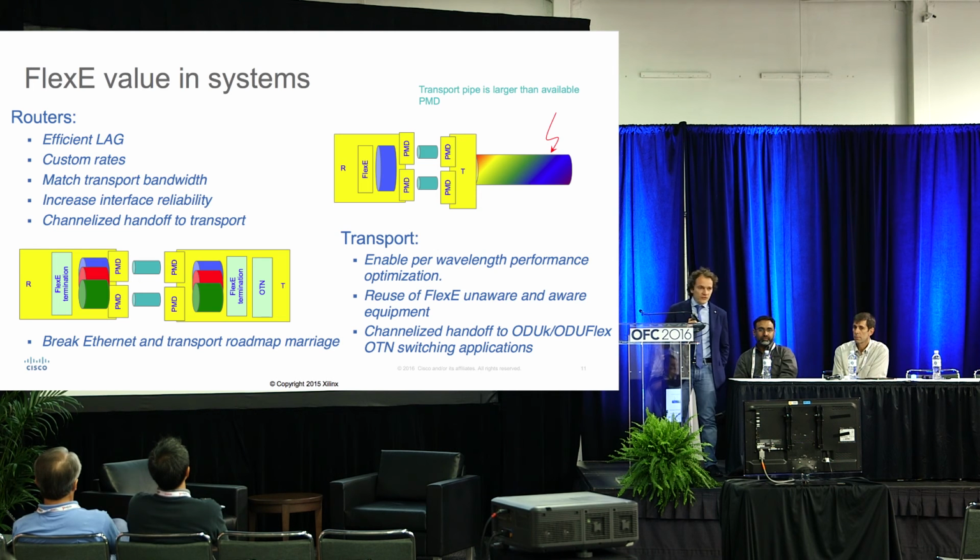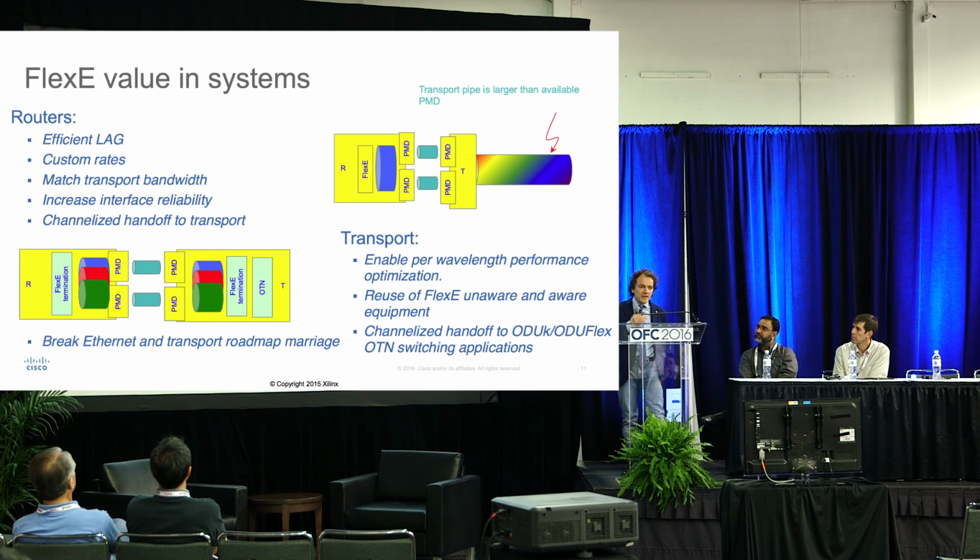I have two options: either I push the OTN inside the router, or I use some layer 2 trick to pass the handshake between the router and the transport. FlexE will enable, with the channelization to transport, the capability to have a flex OTN switching application without putting OTN inside the router.